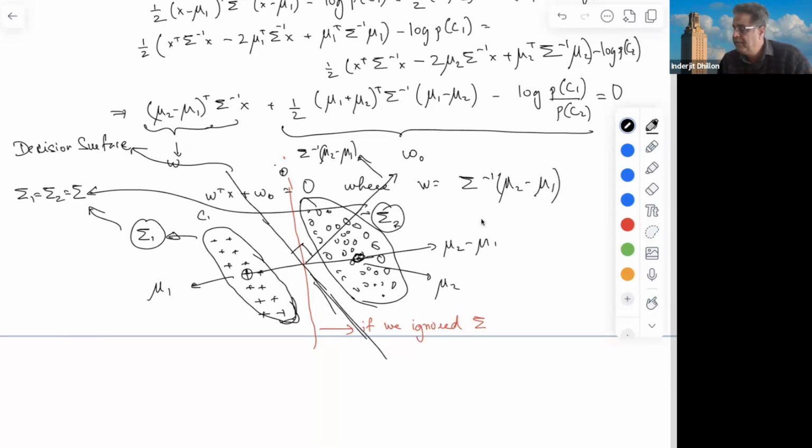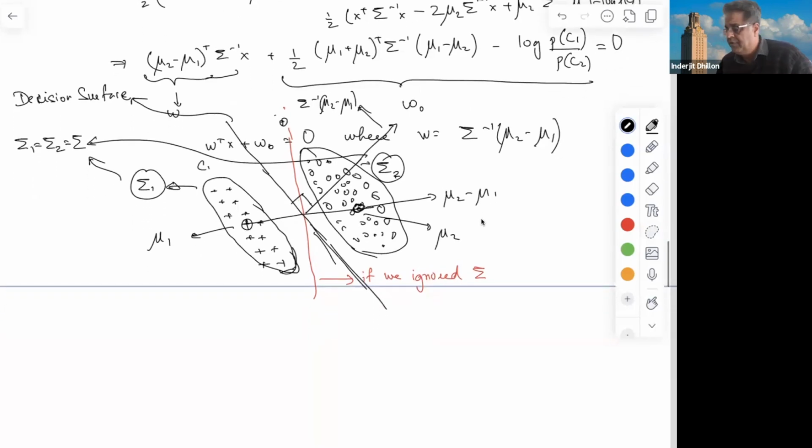Any questions? Okay, let's come to the most general case now. And what is the most general case? Where the covariances sigma 1 and sigma 2 are different.